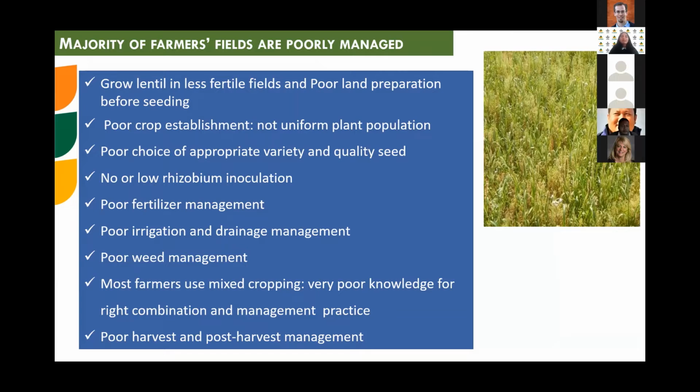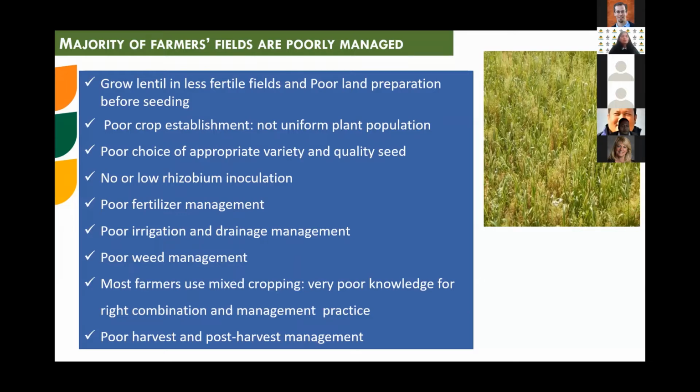The farmers' perception is that lentil is not as important as other staple cereals. Similarly, there is poor crop establishment, non-uniform plant population, and poor choice of appropriate variety and quality, because for cereals, for main crops, farmers choose good varieties, but this is still not in farmers' perception.